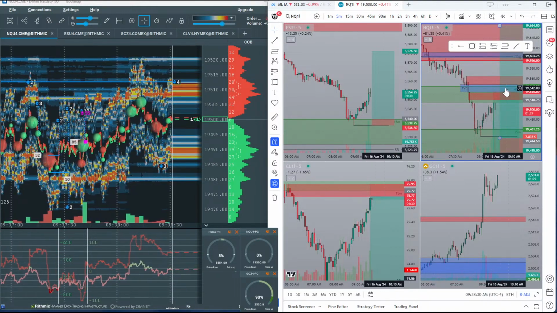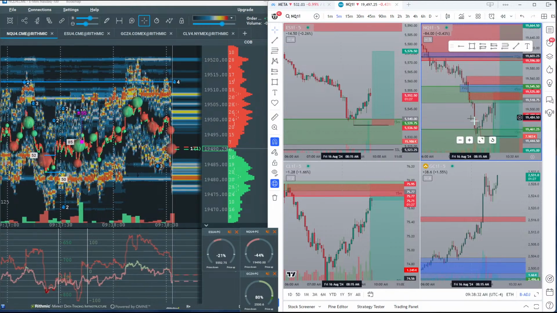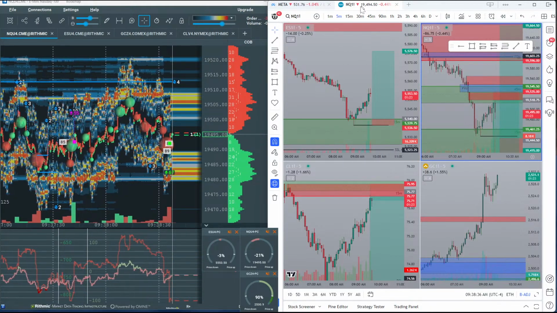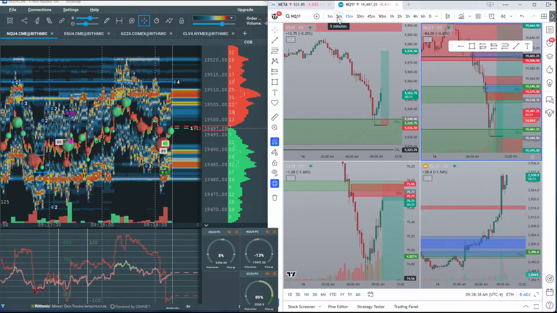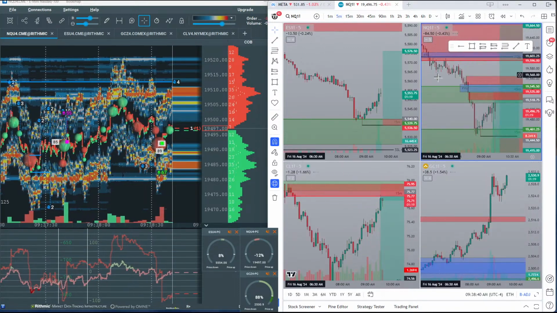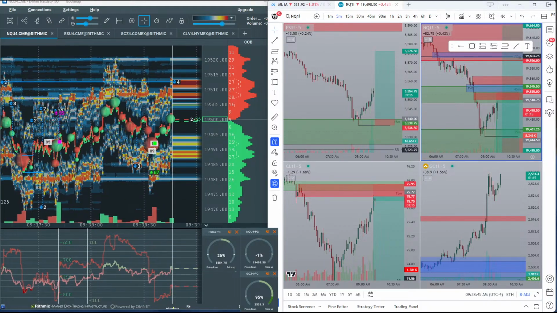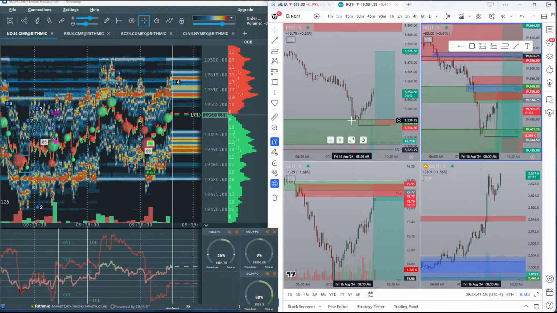But if it pops a little too late, where we don't really have time to dump afterwards, I'm not taking it. Do you mean too late in the 5 minute candle? Yep, exactly. So it's like a timing thing, you know? We gotta sort of time it right, too.